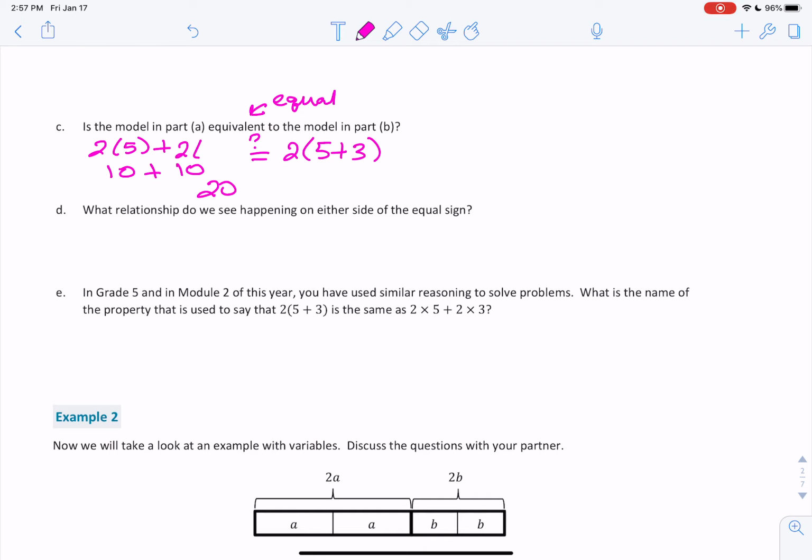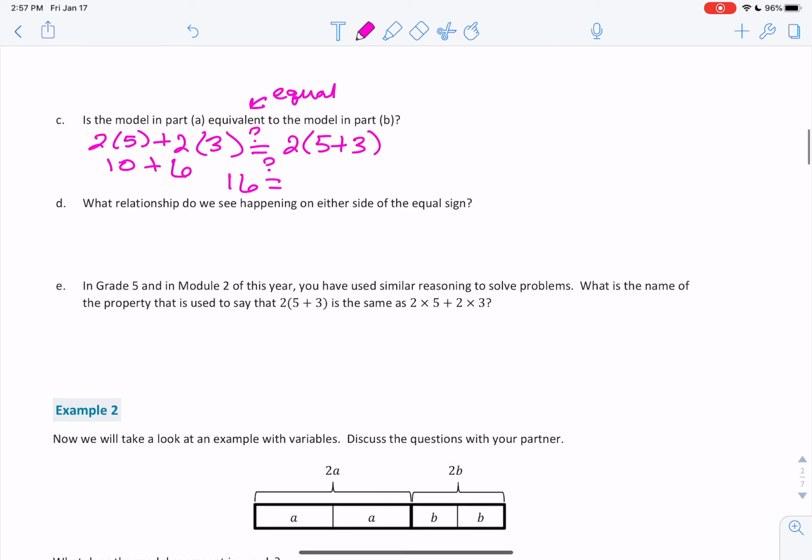It was 2 times 3. All right, so that's going to change things. So that's going to be 2 times 3, and 2 times 3 is 6, and 6 plus 10 is 16. All right. So we have 16, and is that equal to the other side? Well, we have 2 times 5 plus 3. 5 plus 3 is 8. 2 times 8 is 16, so yes.